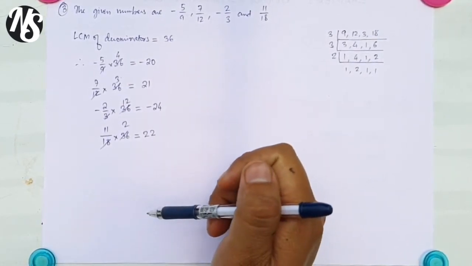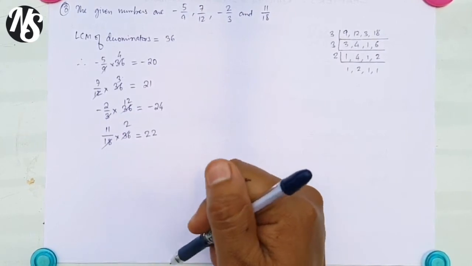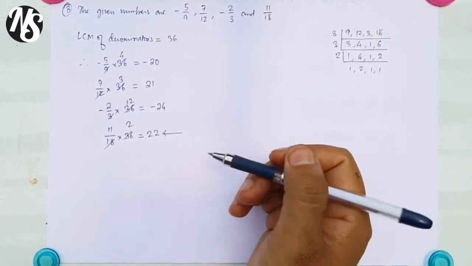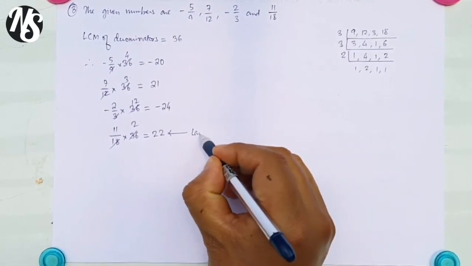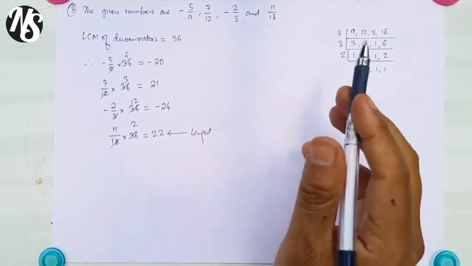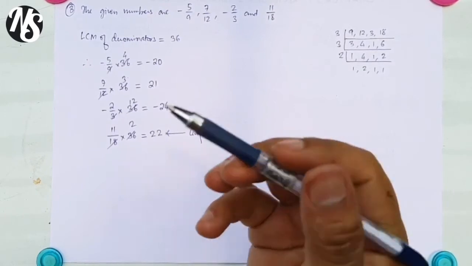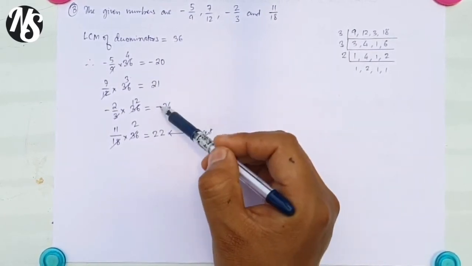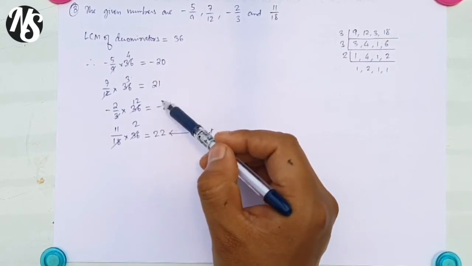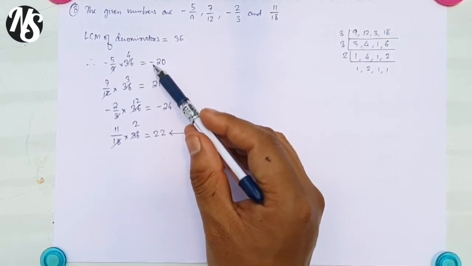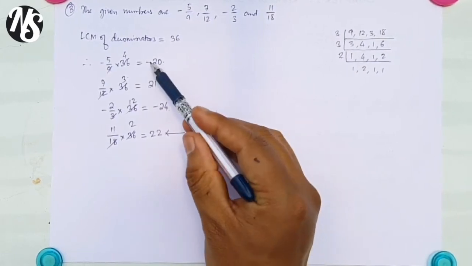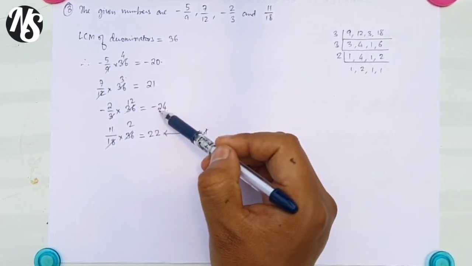Now if I ask you which is the biggest number, obviously your answer will be this positive number, right? So this is largest. Now let's talk about the smallest. You might say that since negative numbers are there, the smallest number is going to be my negative number. Now I have got two negative numbers, minus 20 and minus 24.